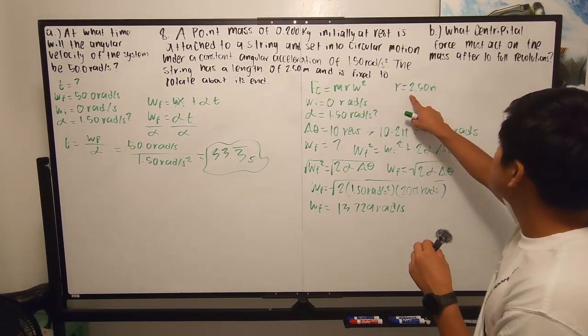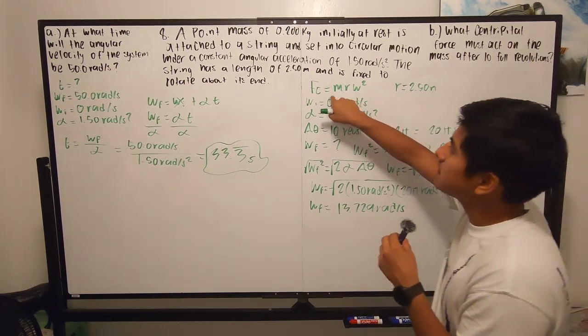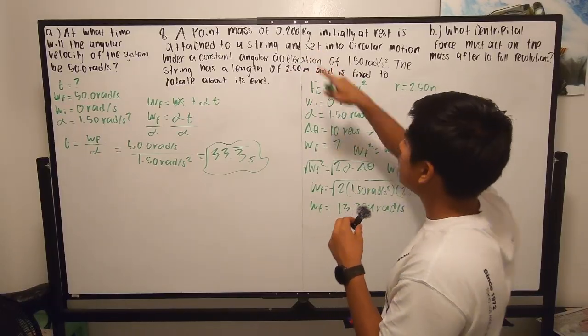Now that I have omega final, I can plug it in here. I have the radius, which is 2.5, and the mass, which is 0.2.